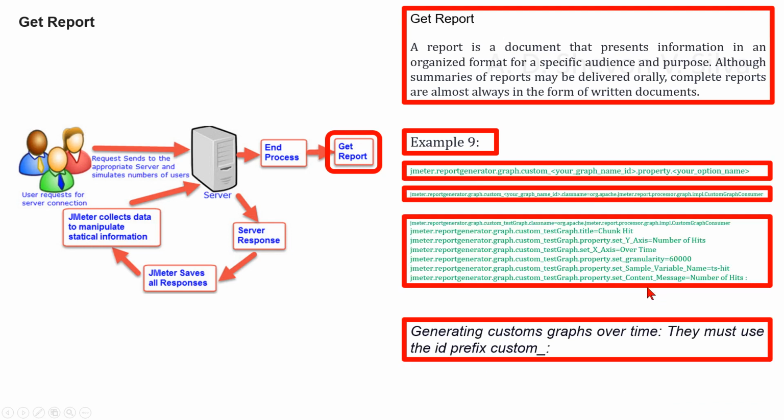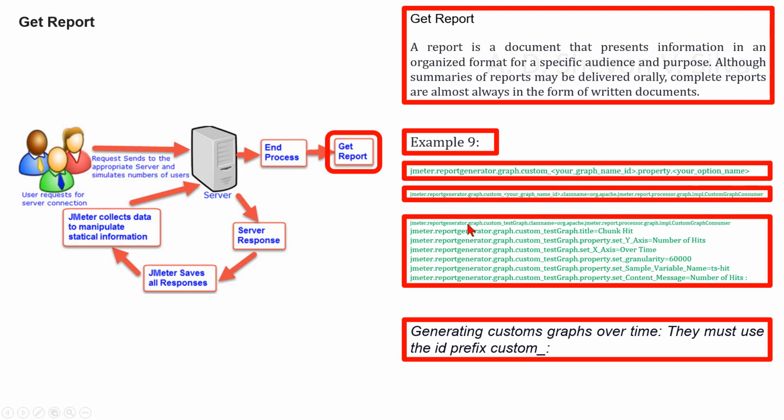Now we are considering generating custom graphs over time. They must use the ID prefixed custom_. You can graph any sample variable in CSV over time. You can customize your graph by setting their properties in the user.properties file. They must use the ID prefix custom_.